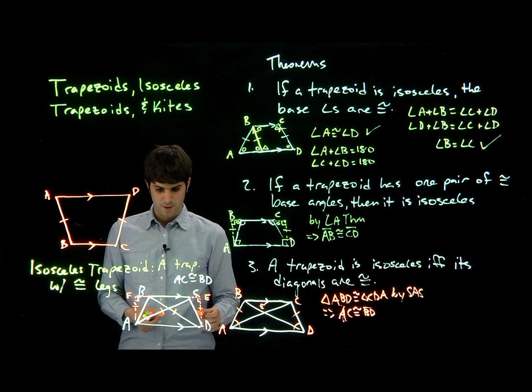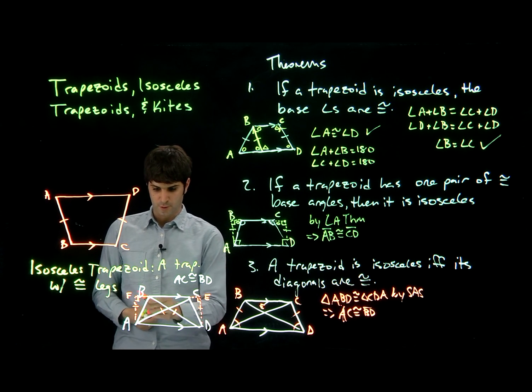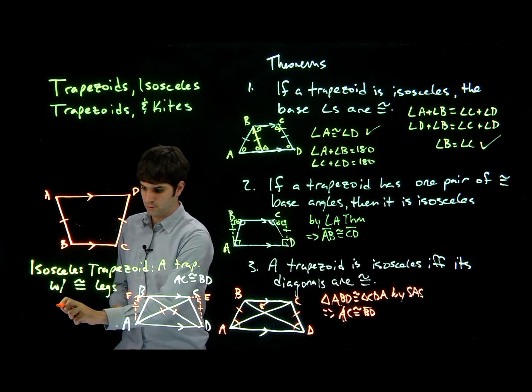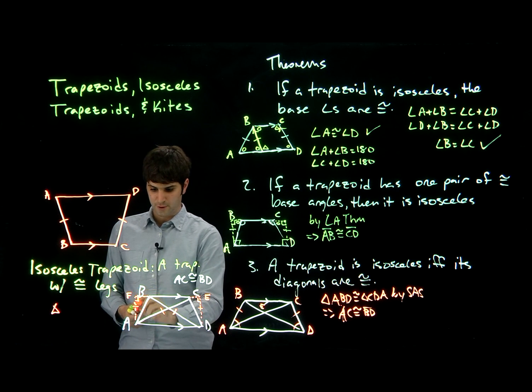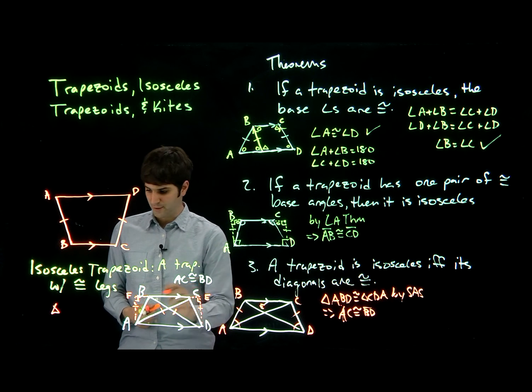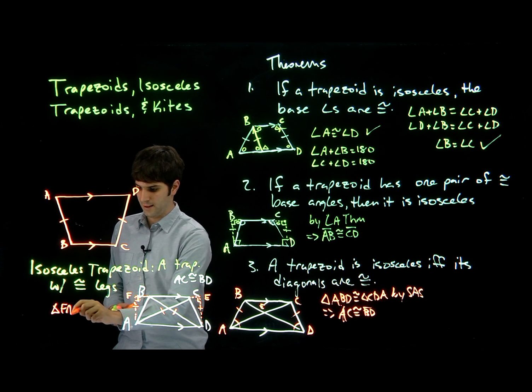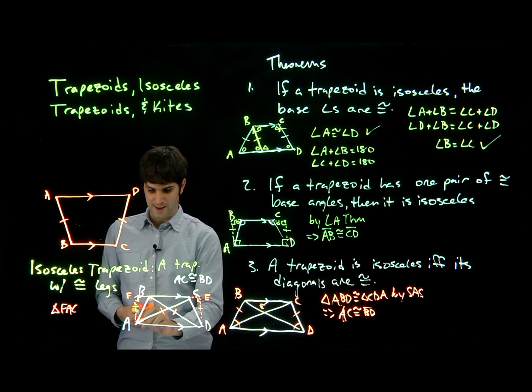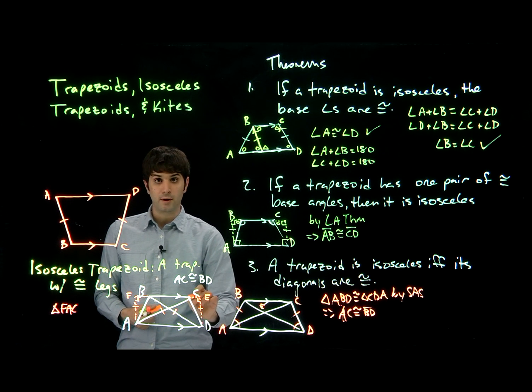Now we have two right triangles. So we have triangle FAC. So FA to here, this white point C.